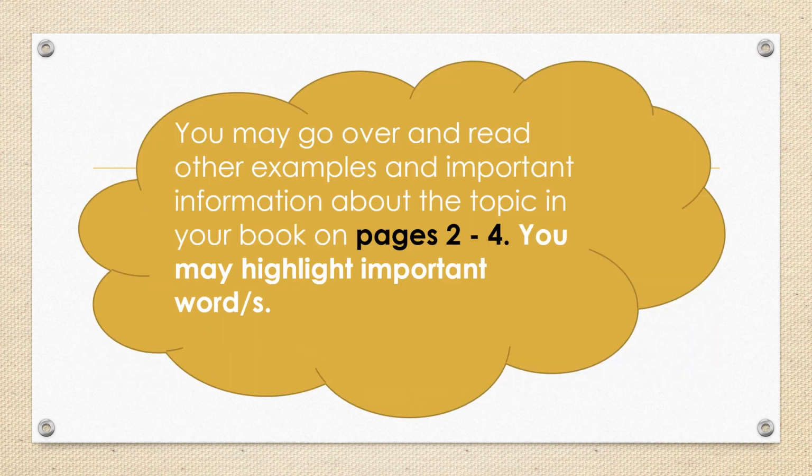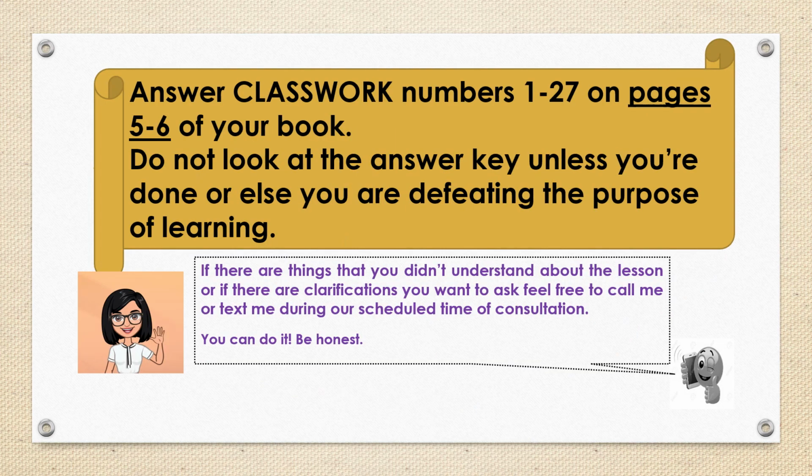Now, you may go over and read other examples and important information about the topic in your book on pages 2 to 4. You may highlight important words so that they will be retained in your mind. And then, after highlighting or reading, answer classwork numbers 1 to 27 on pages 5 to 6 of your book.